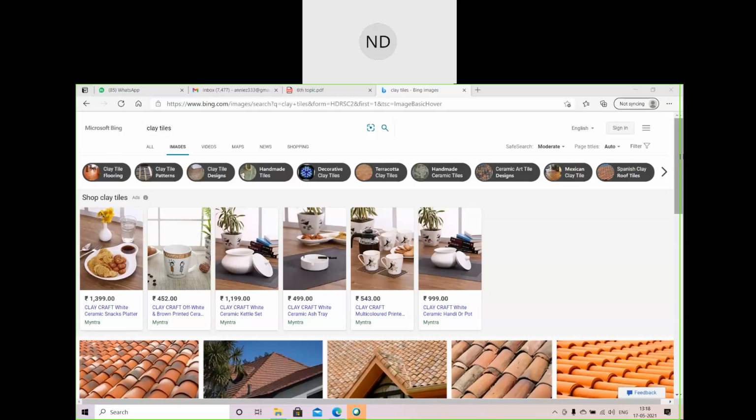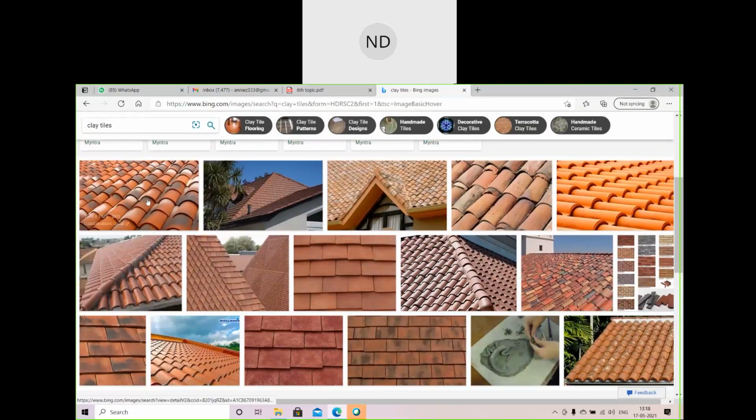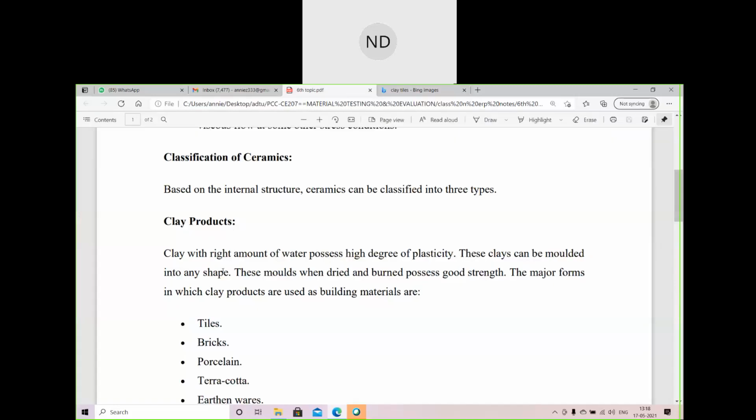You see the clay tiles. These are some of the clay ceramics which you can use above your roofs. Now I think you can relate with the help of these pictures.